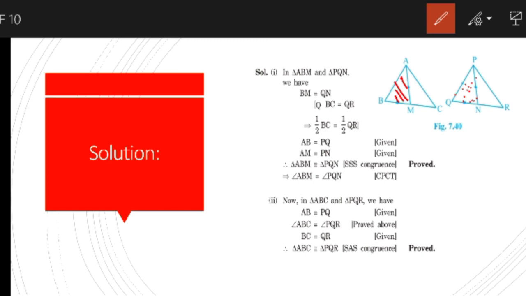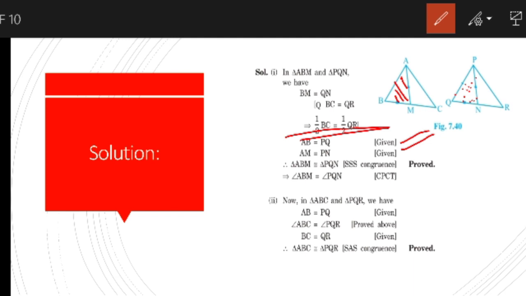We can say it as BC is equal to QR is given, so half of BC is equal to half of QR. This is our first, which we can get from this part. Now the first thing we can say is AB is equal to PQ, given. Next, the median AM is equal to PN, that is also given.